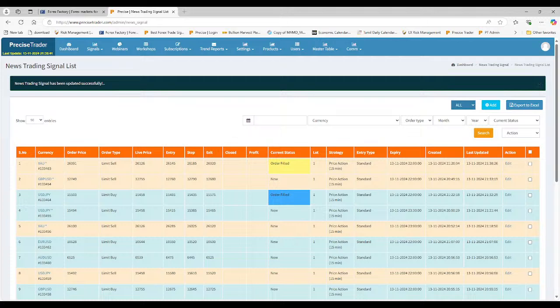This market needs to settle down, because right now the market is not sure which way to move. The supply and demand has to come into play.